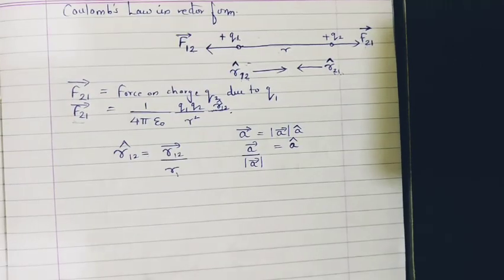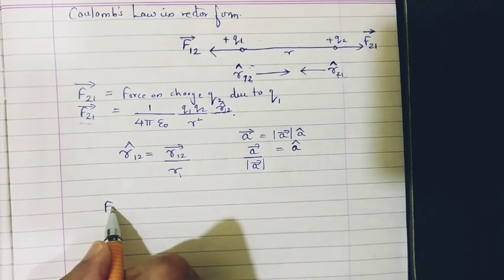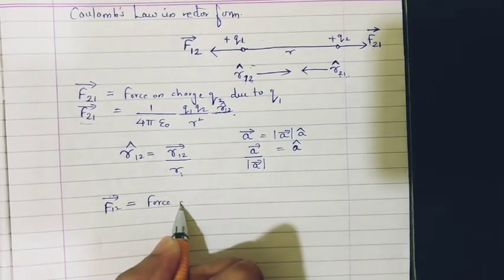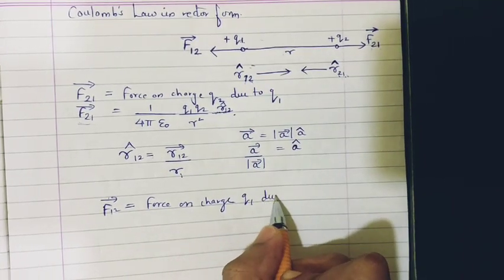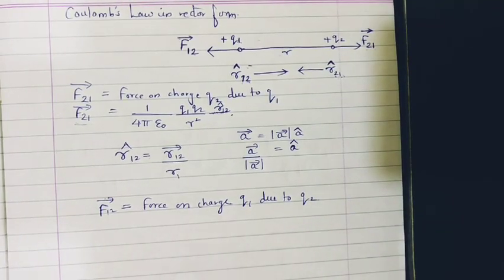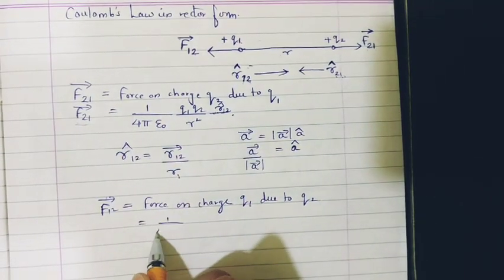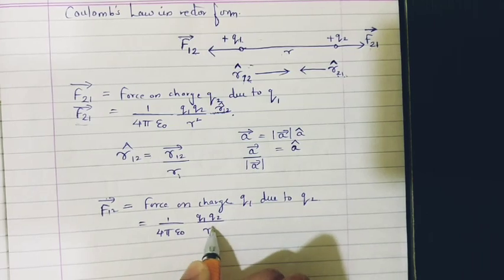So similarly, can you write down the formula for F12 now? So F12 will be how much? First let's write down what it is. It is nothing but the force on charge Q1 due to Q2, correct? So what is going to be the formula? The magnitude part is going to remain same, that is 1 upon 4 pi epsilon naught Q1 Q2 upon R square.